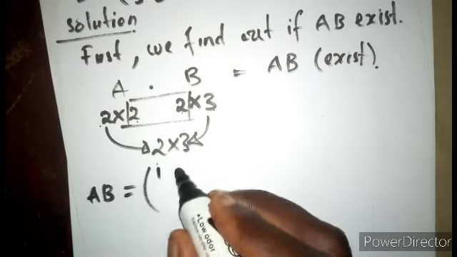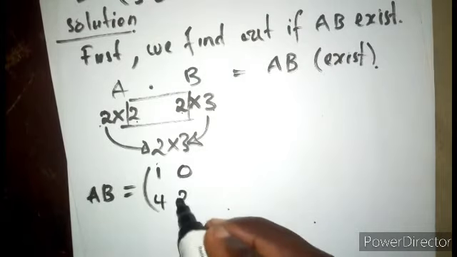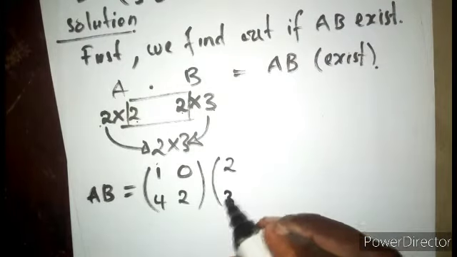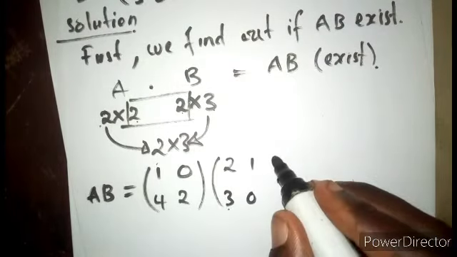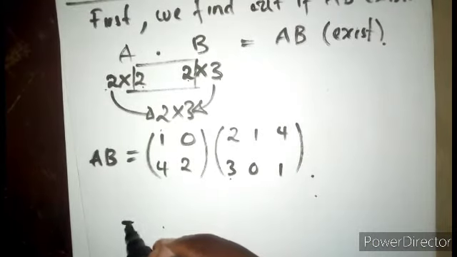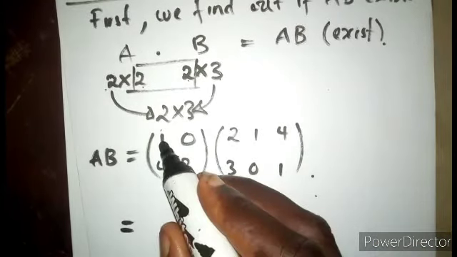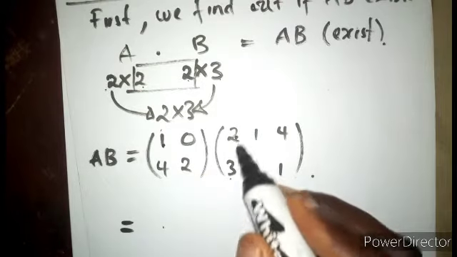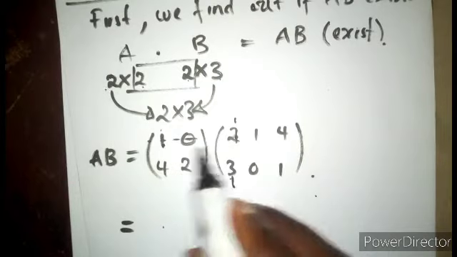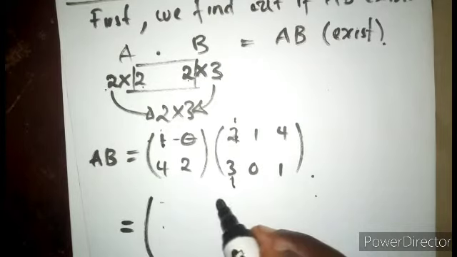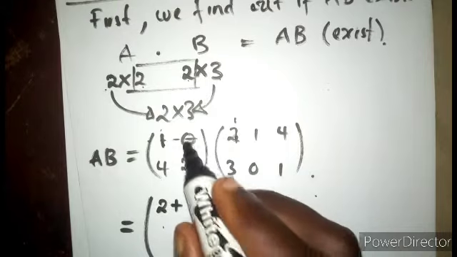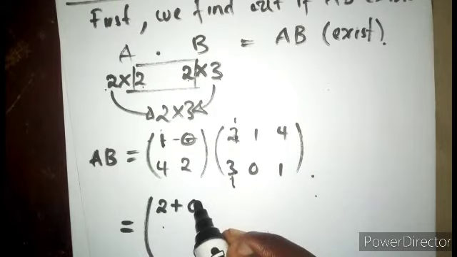So we have [1 0; 4 2] times [2 3 1; 0 4 1]. Now we have 1 times 2. Remember, it is this times what? This, and that will be the first entry here. So we have 1 times 2, that's 2, plus 0 times 3, that's what? 0.